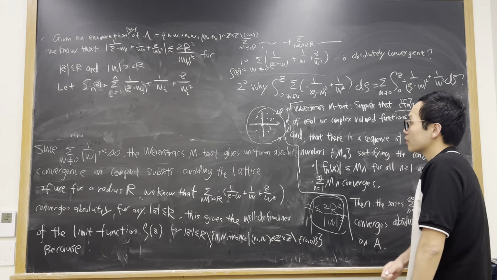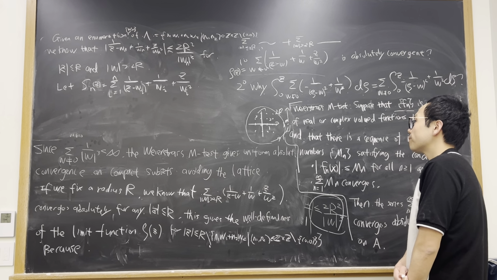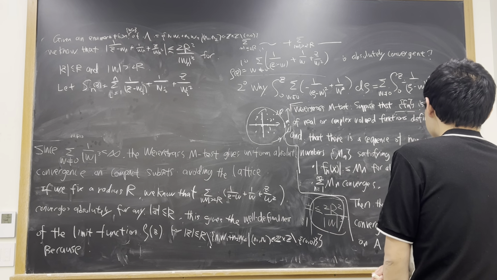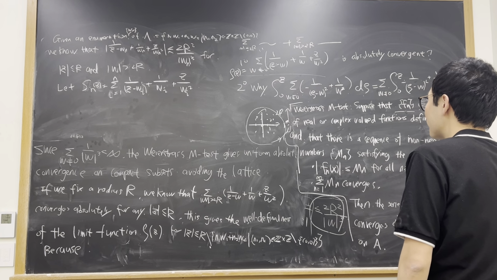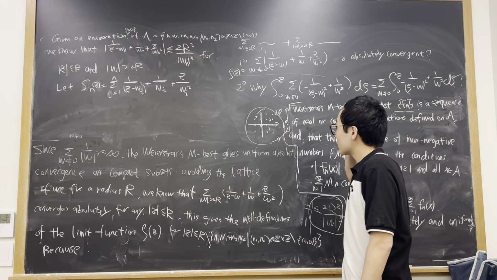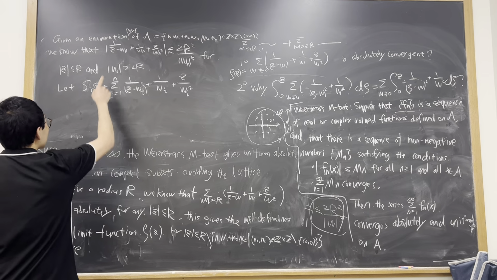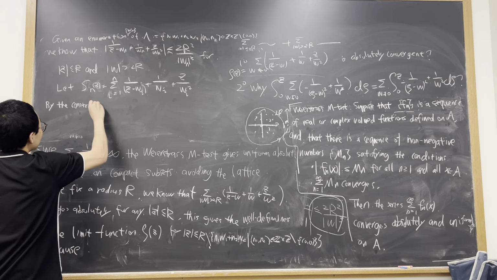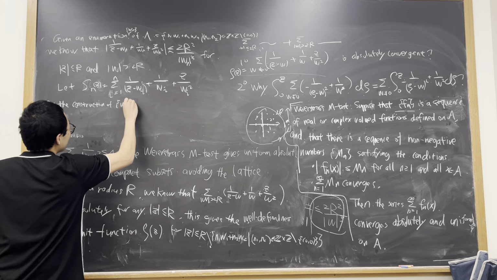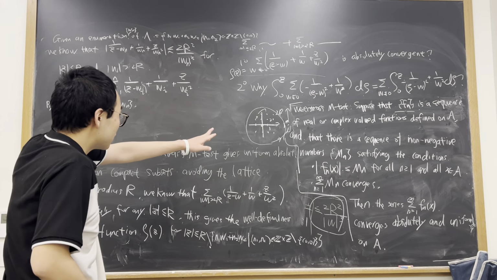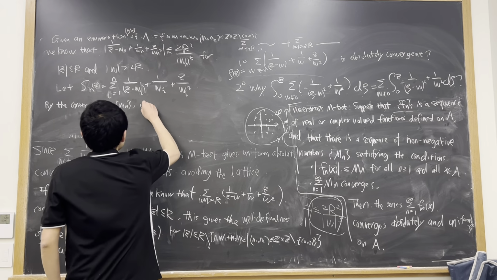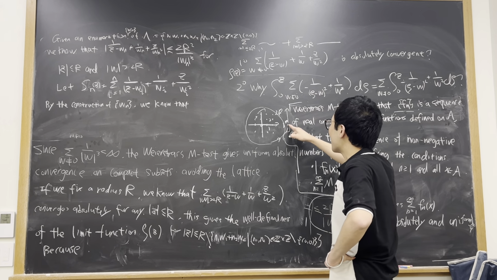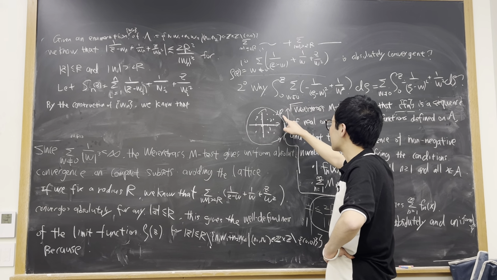Okay, so we want to show that this is bounded. So why is this bounded? Yeah, because of this argument, by the construction of the enumerator, by the construction of this omega_n, we know that there exists an n such that when this n is large, every lattice point is outside the radius, right?